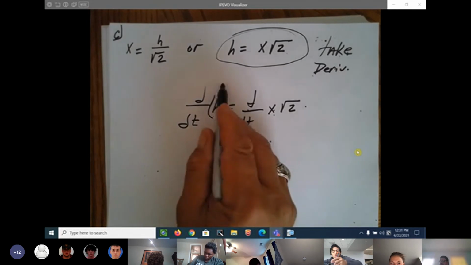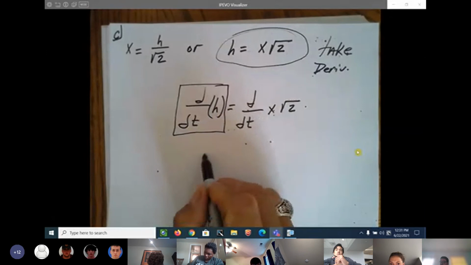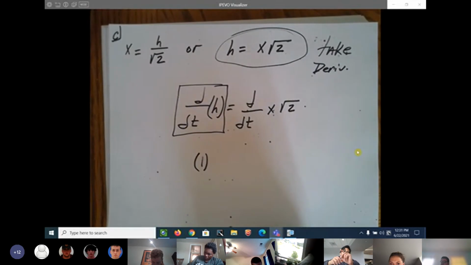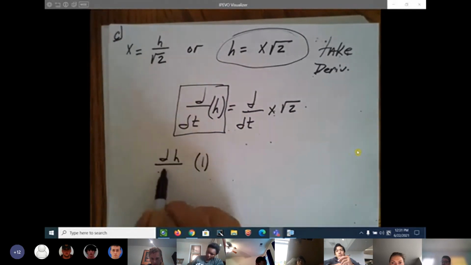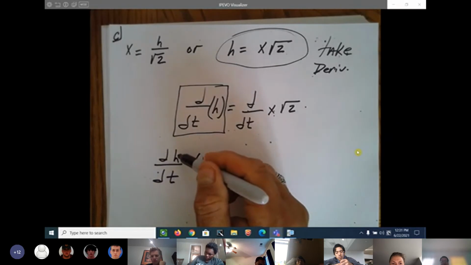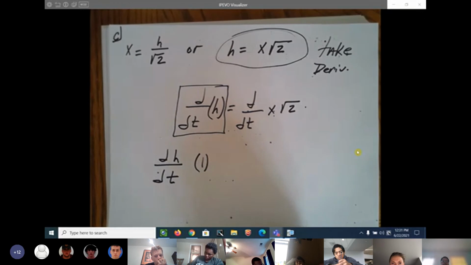So somebody tell me what you get over here for this one. What do you get on the left side? 1 times what? dh dt? Yep. That's the change in the hypotenuse with respect to time.